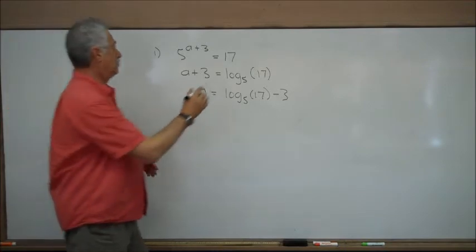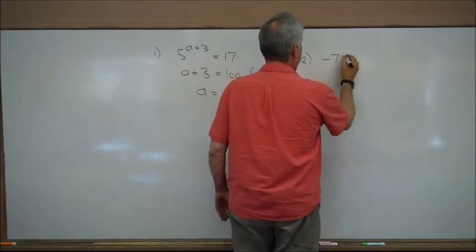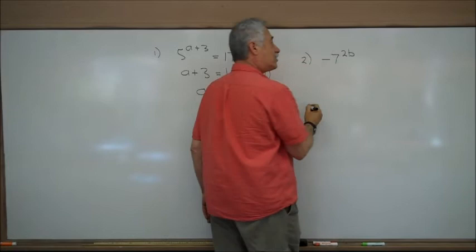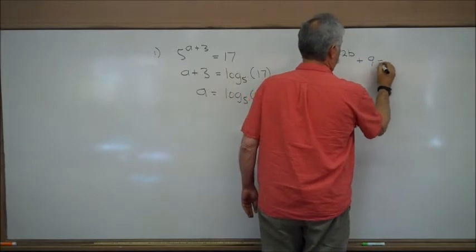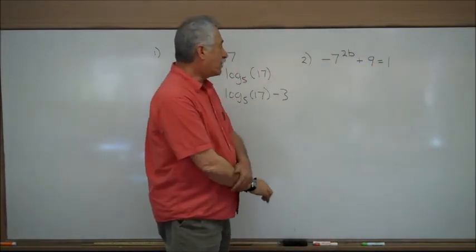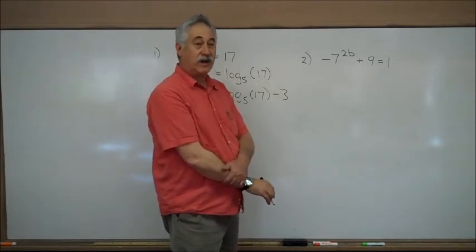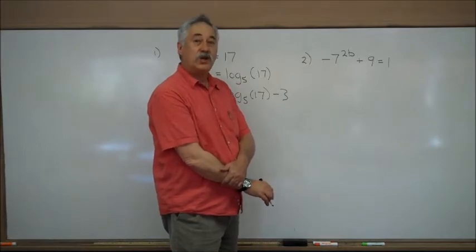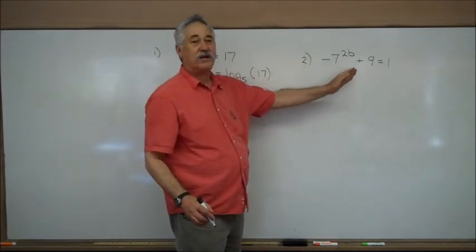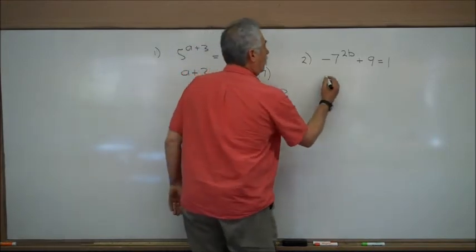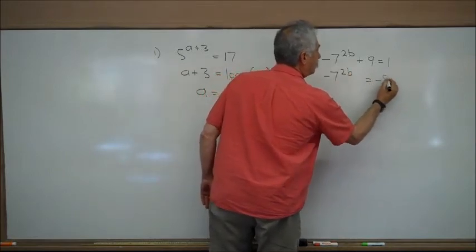Practice problem 2. Minus 7 to the 2b. Now you have to decide if the minus sign is included with the exponent, with the base of the exponent, or not. The answer, no. So it's the 7 to the 2b power, it's the negative of that, added to 9 equals 1. I want to remove the 9. I subtract it from both sides.